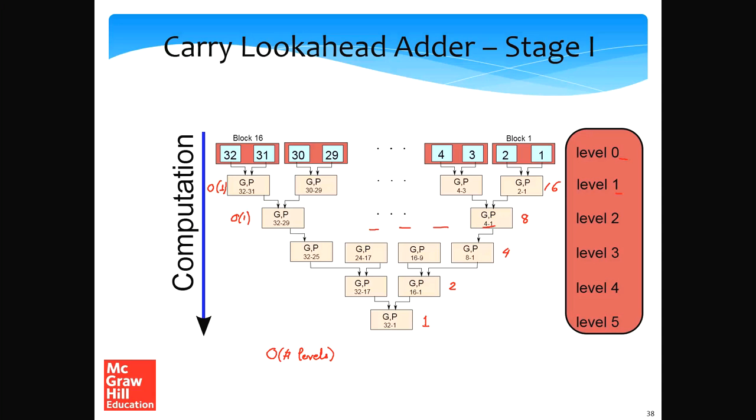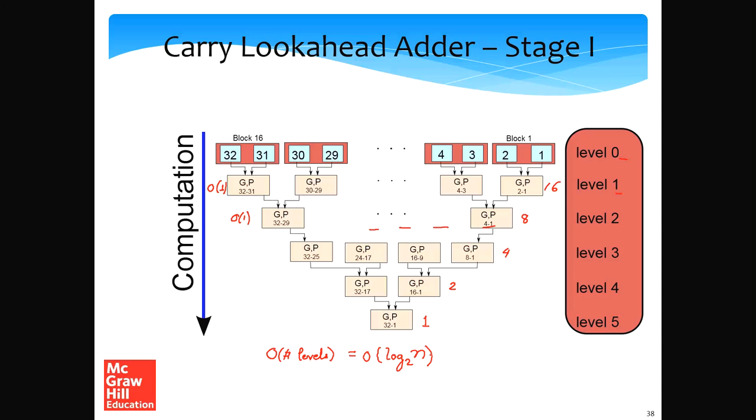Consider the fact that we have 32 bits, and at each level the number of circuits starts from 16, because we are considering 2 bit pairs at the same time. So we start with 16 and then go half of that, 8, 4, 2 and 1. So since we are halving in every level, the number of levels is basically order of log n to the base 2.